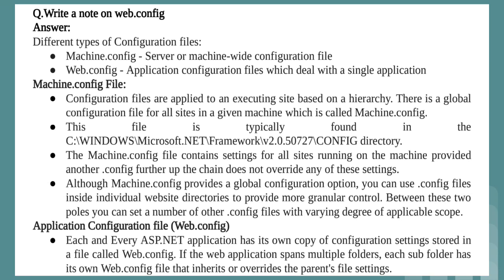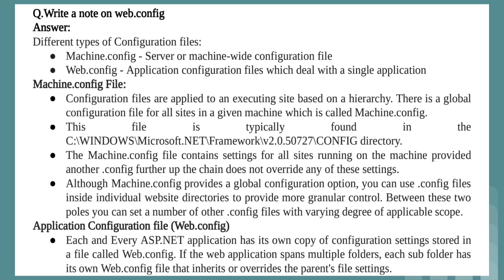So if you want to control all the websites, only in that situation do we make use of this type of file. For different projects we can also set this file, so different projects will have different machine.config files.